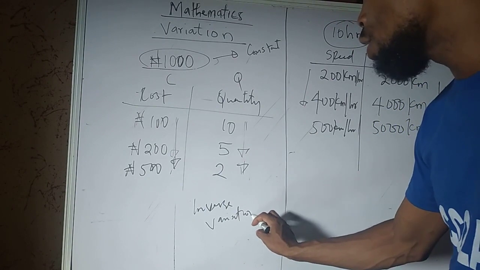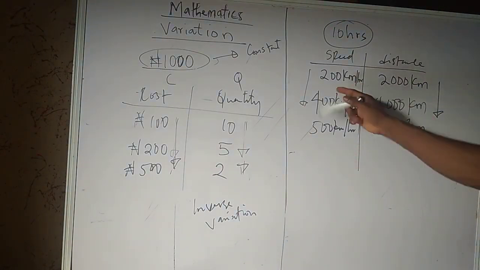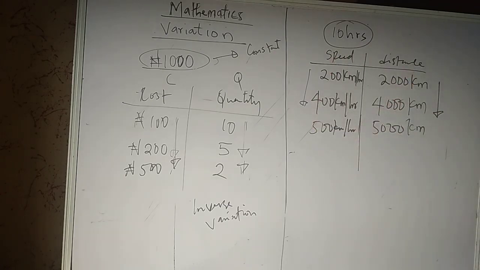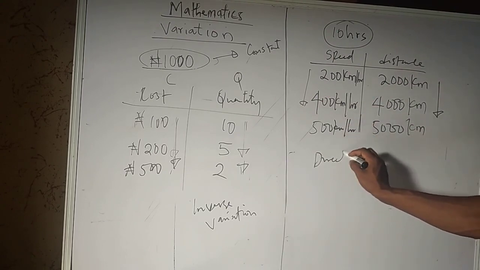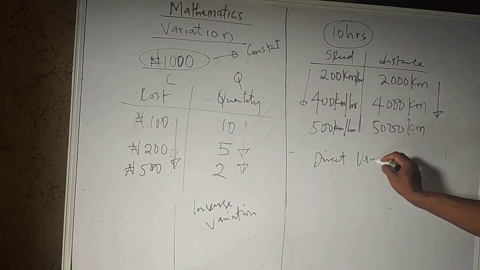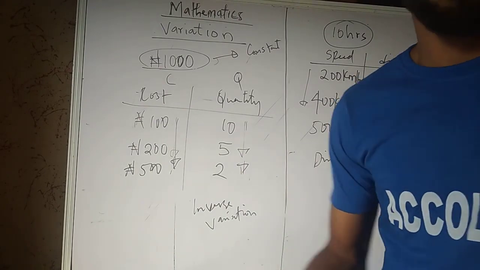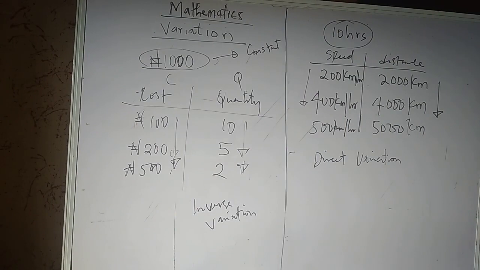In this case, where one quantity is increasing and the other quantity is increasing as well, this type of variation is called direct variation. So we are going to look at those two together and how mathematics actually models it. Okay, let me take you quickly over to the types of variation we have.